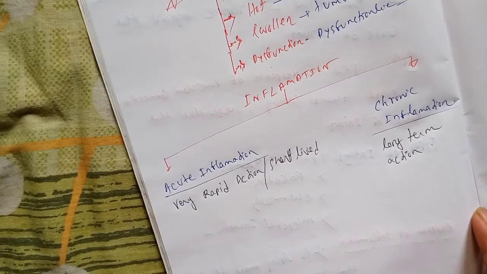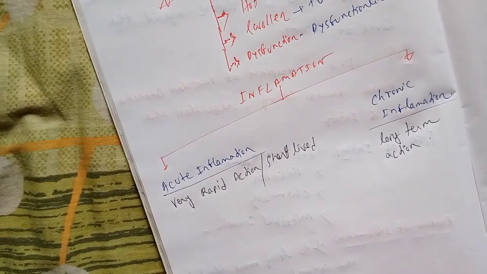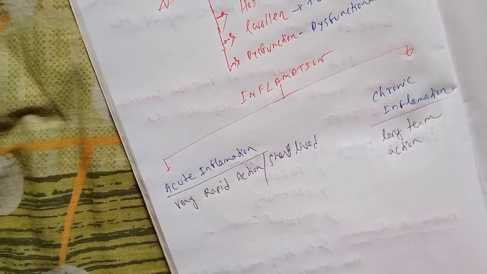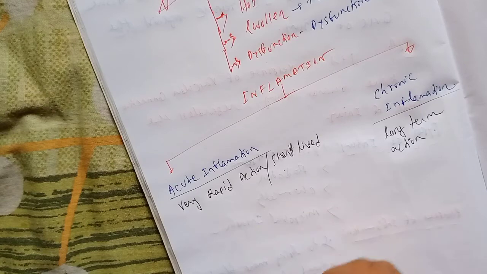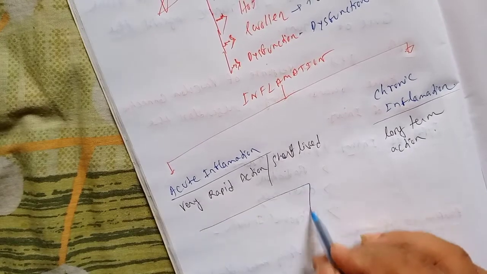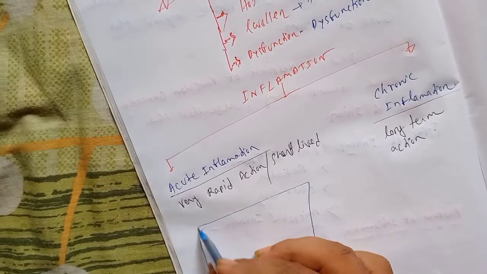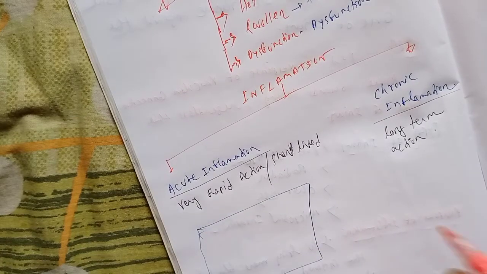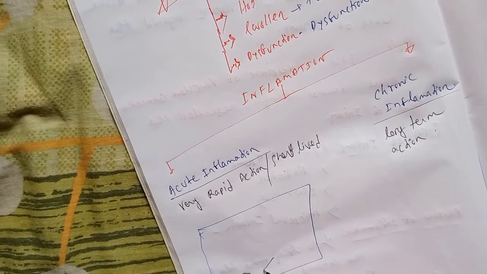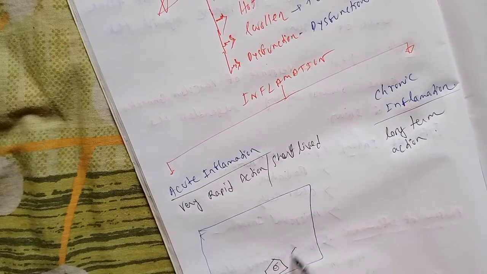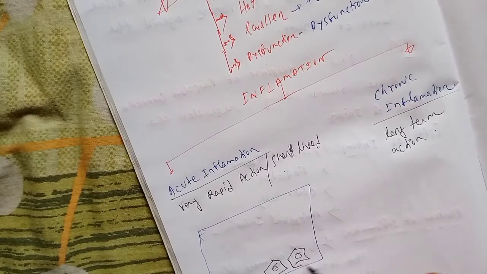Now we have to know basically in the acute inflammation, suppose I get injury in any part of our body, in this person I got injury. Take it as cells here.